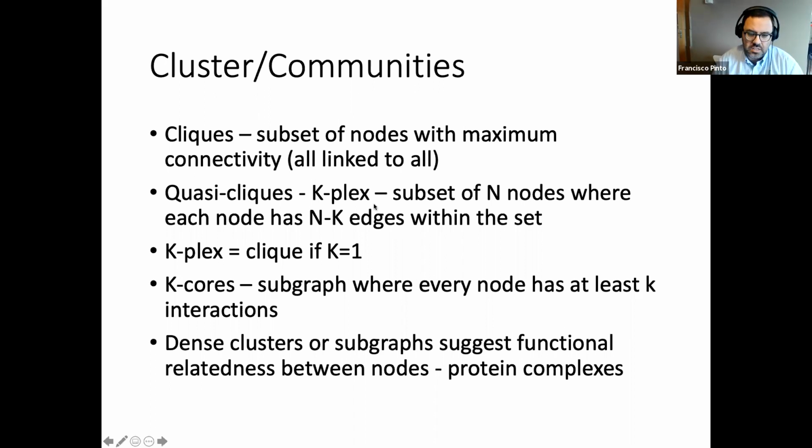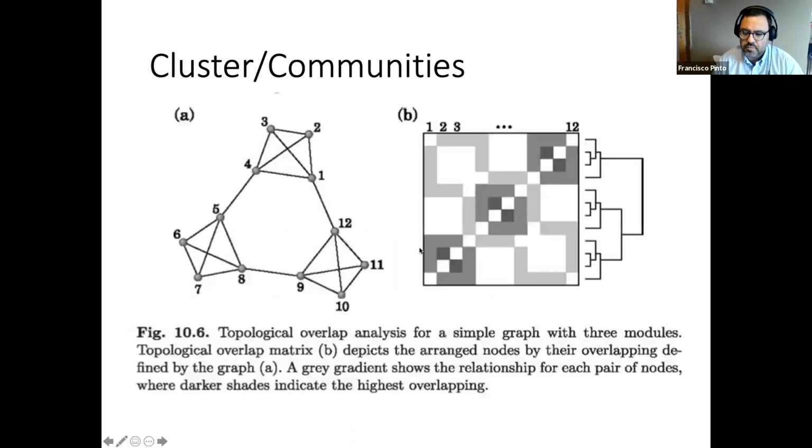So imagine in the previous slide, if, for example, I did not have the connection between 1 and 3, I would still be able to call this a 1-plex, because it's a set of nodes where every node in the set has at least 2 connections to other members of the set.